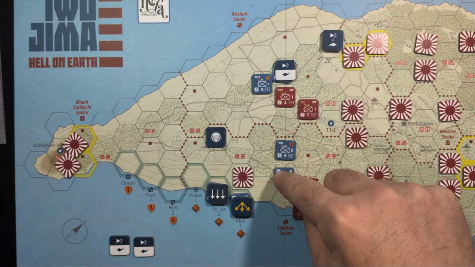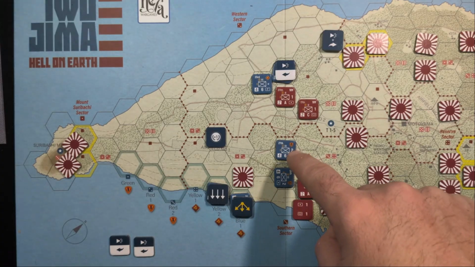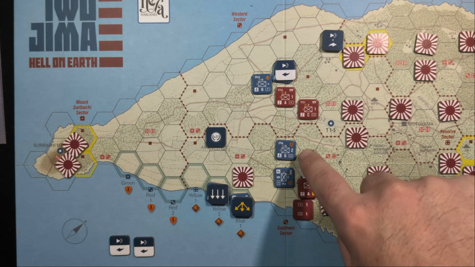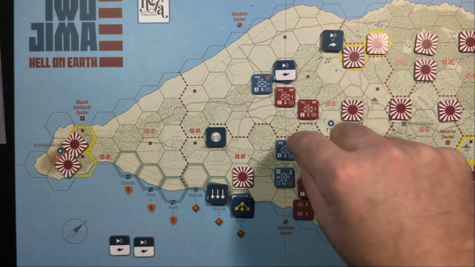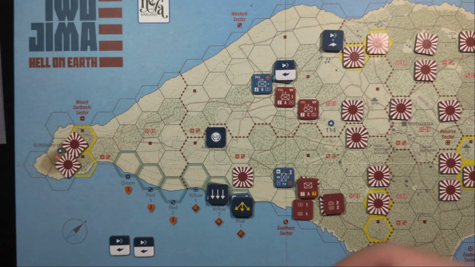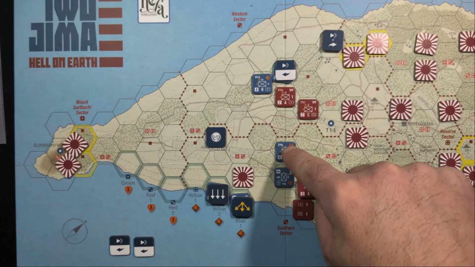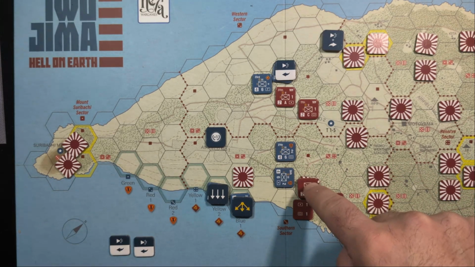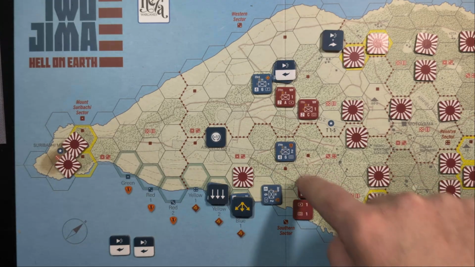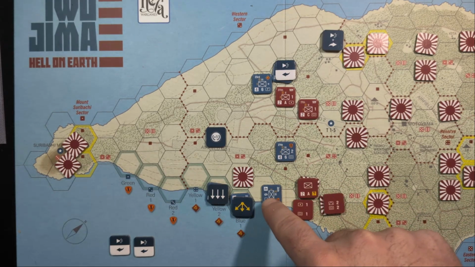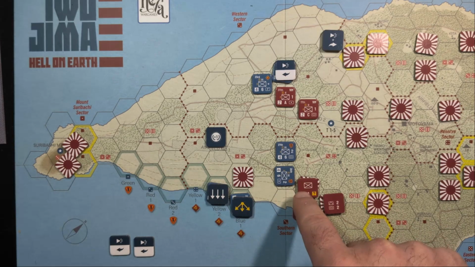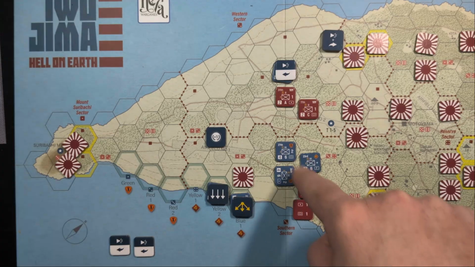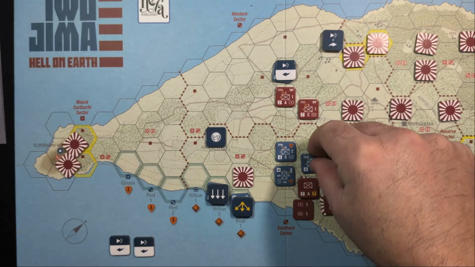You can provide combat support with a unit that is up to 2 hexes away, like 1, 2, but the combat value will be reduced by 1, so instead of 2 it will be 1. Also, you need to be sure that the line of sight is okay. So in this case that you have full visual to this location, it's okay. If you have a friendly unit in 1 hex, it's no problem. But if you have 2 units in the middle, you're not able to provide that type of support, like tank support.